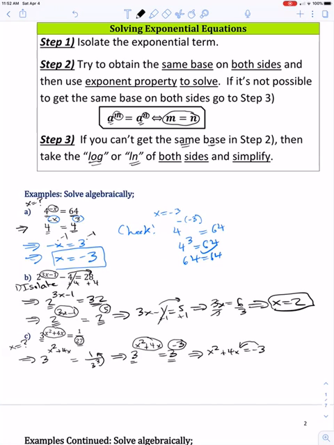Let's solve the quadratic. So we'll go ahead and add 3 over. So we got x squared plus 4x, right, plus 3, right, equal to 0. And can we solve? We'll solve by factoring.